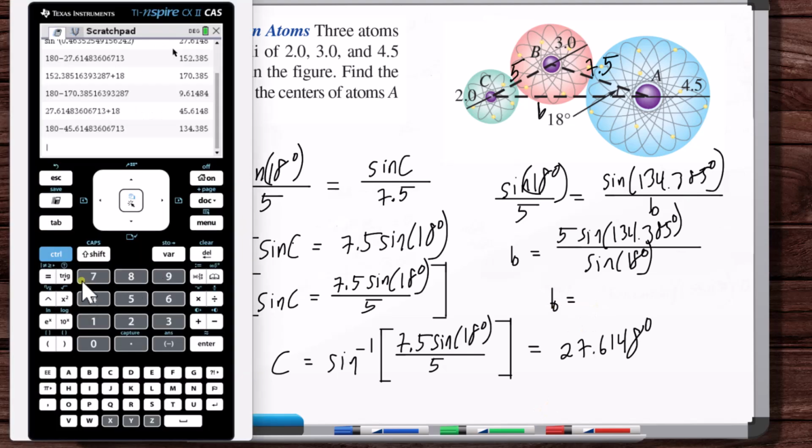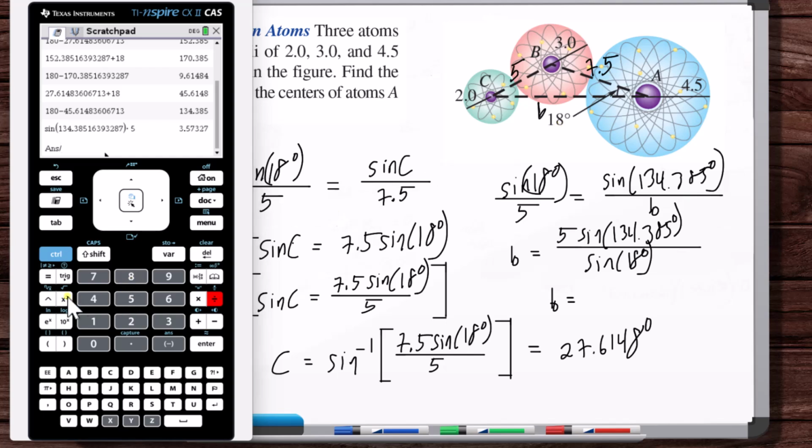is going to be equal to, so let's see, sine of 134.385. Yeah, I'm carrying all those decimal places. It's good practice to do that because remember, to get angle C, we did inverse sine, so it's a bunch of decimal places. So okay, that times 5 and then divided by sine of 18, which was just 18 exactly.